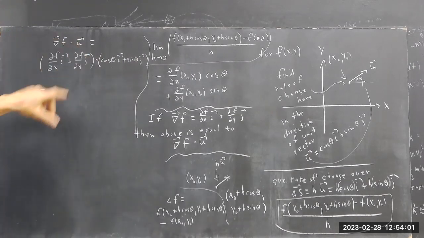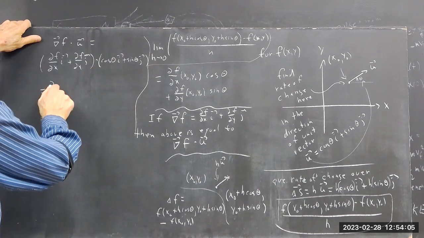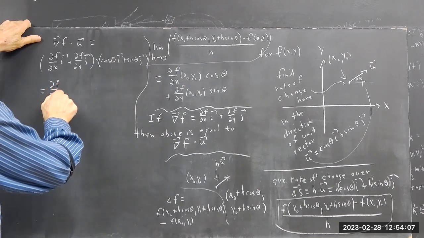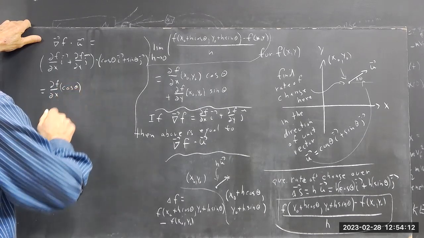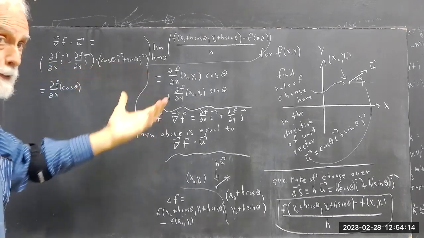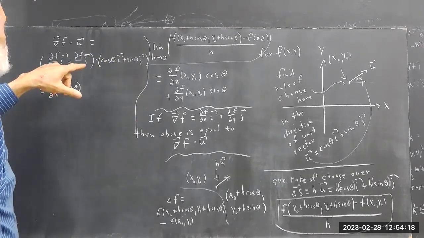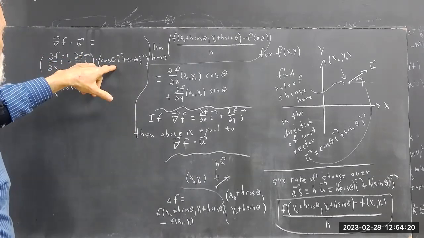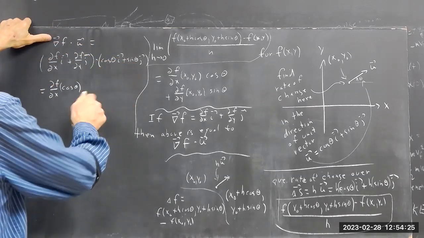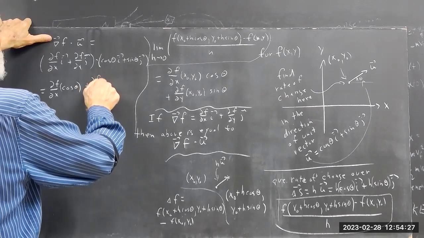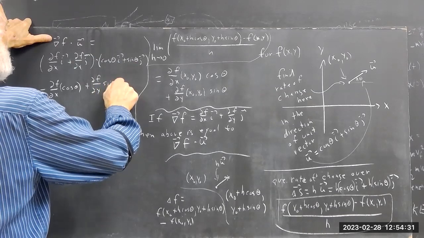Distribute this along. Do this, times this, and we're going to get partial F with respect to X times the cosine of theta. And then i dot j is 0. j dot i is 0, so that part's going to give you 0. And j dot j is 1, so we're going to have partial F with respect to Y times the sine theta.